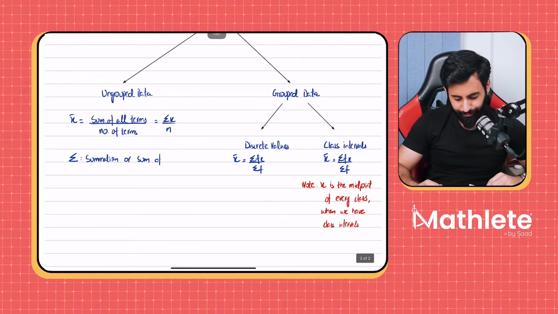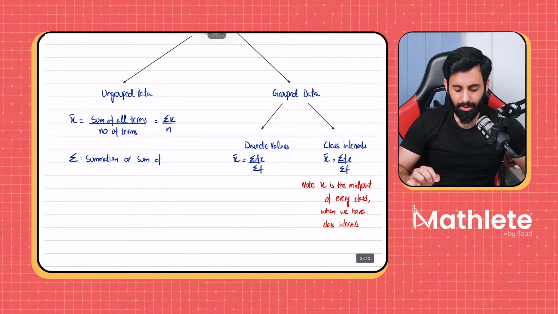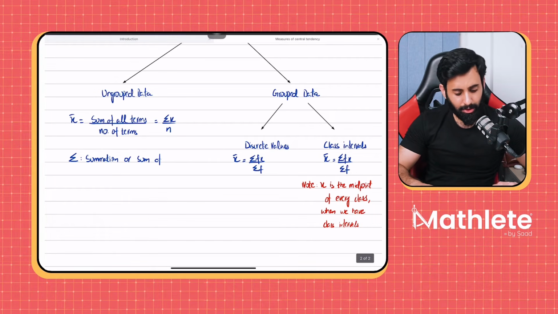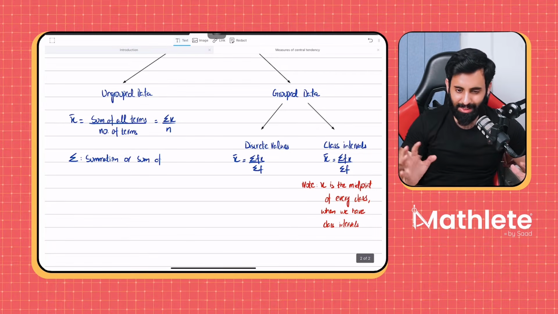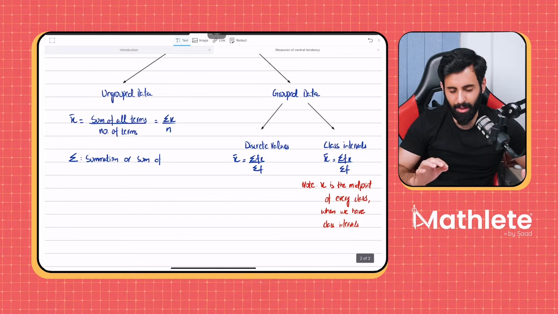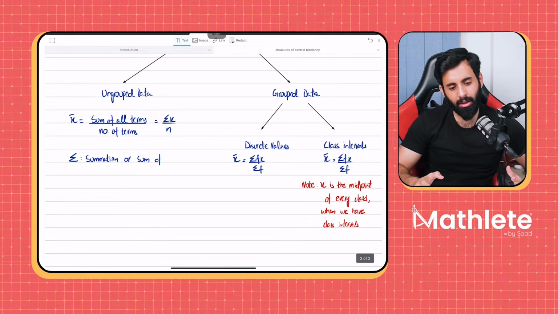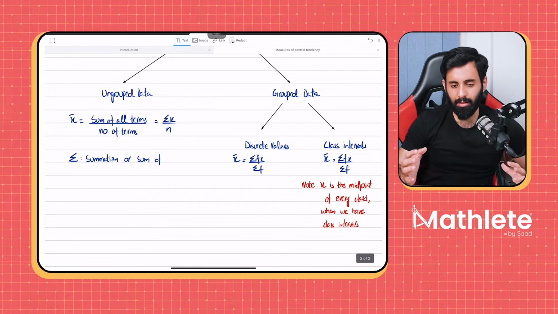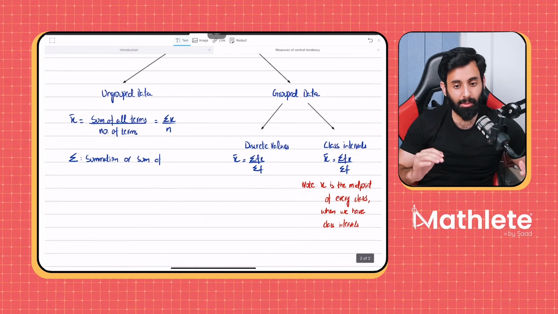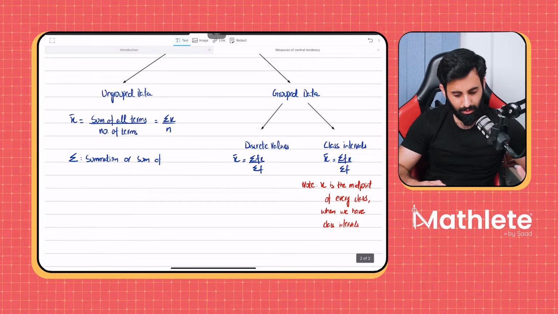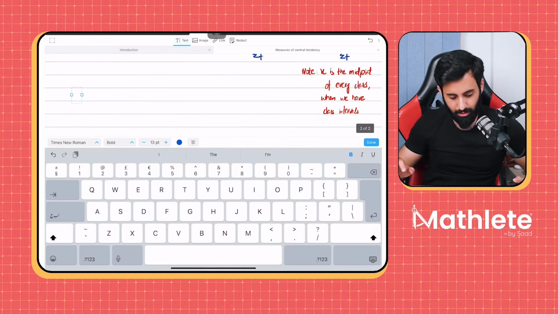Okay, now we're going to do some theory, which, like I said, is very important. So can you think of when mean can be a misleading measure? Like, for example, can you think of a data set which can influence the mean immensely? Think about it.